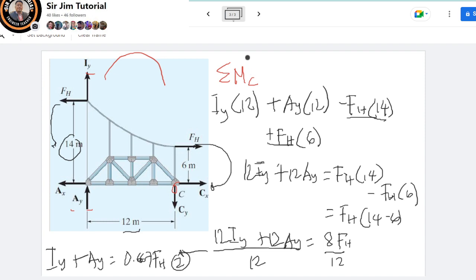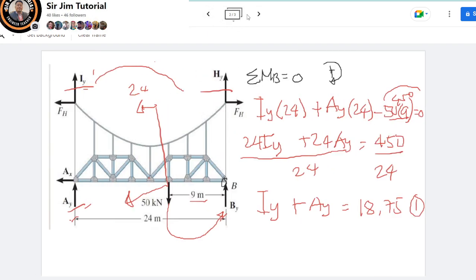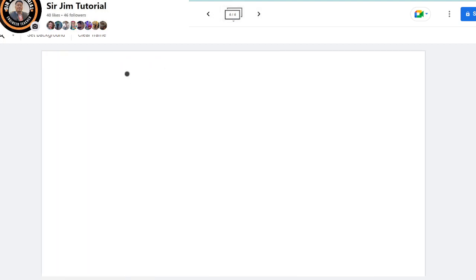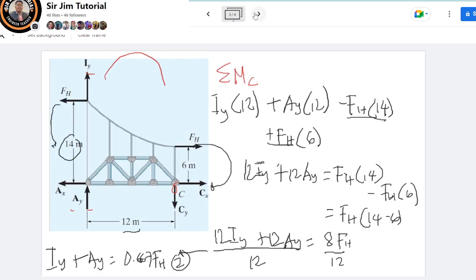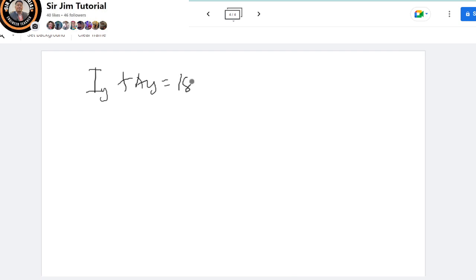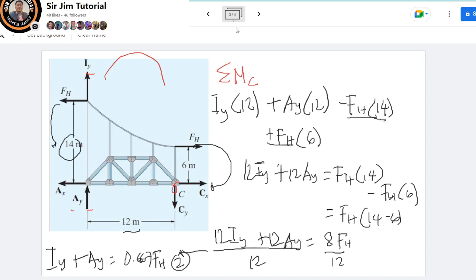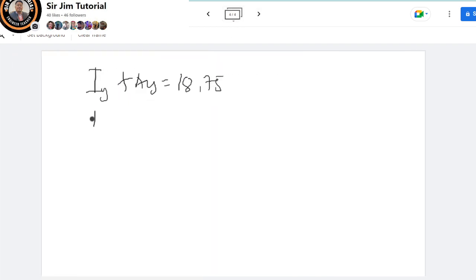Now, in our first equation, IY plus AY is equal to 18.75. And in equation 2, IY plus AY is equal to 0.667 FH.